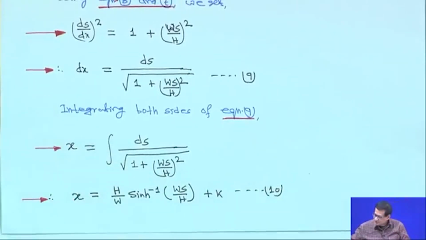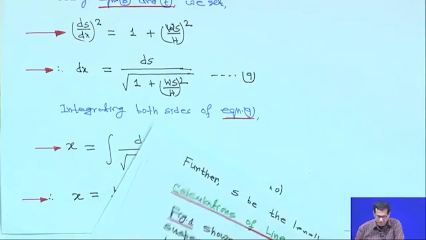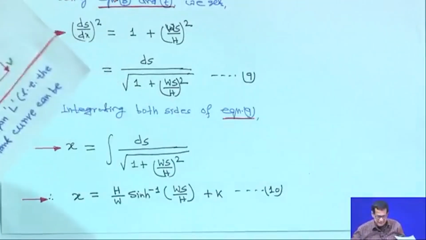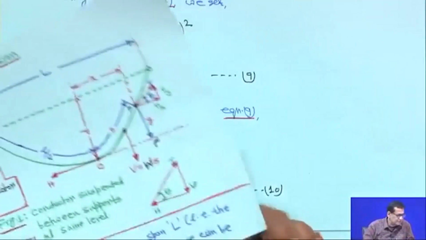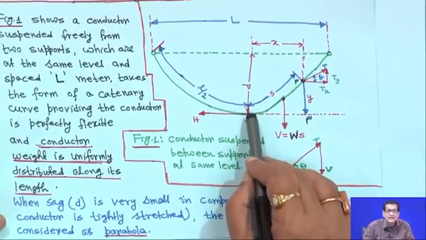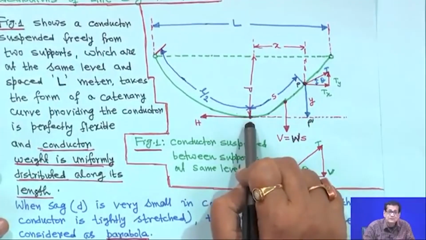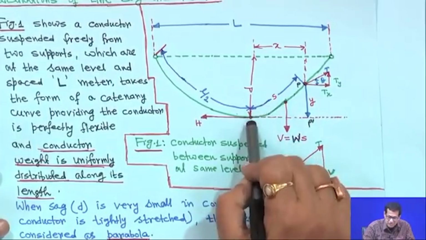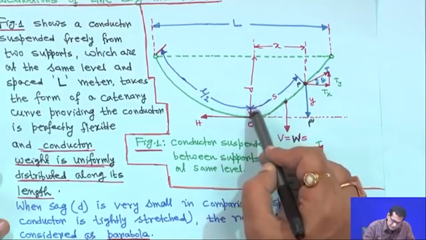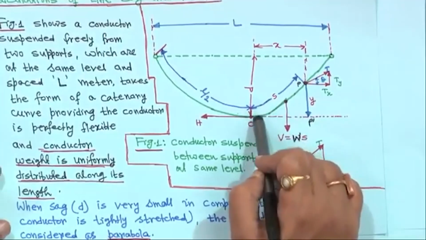Now, I put the boundary condition to get the value of k. If you look at this figure, when x is equal to 0, then naturally s also will become 0, because s is measured from this point. So, if x is equal to 0, then s is equal to 0.